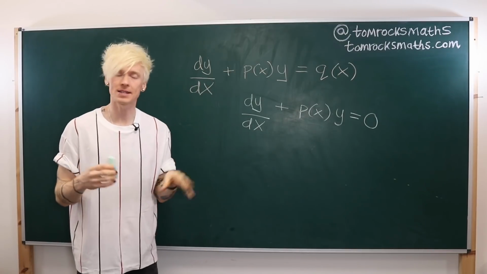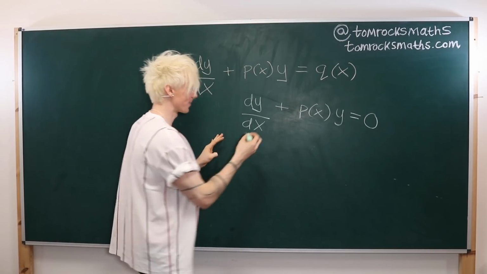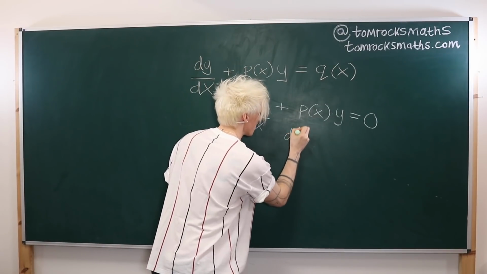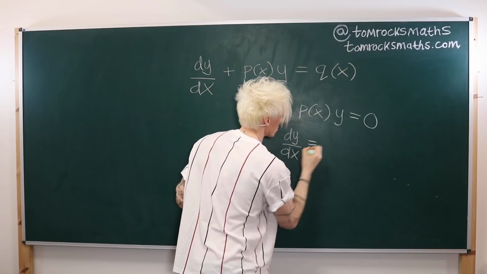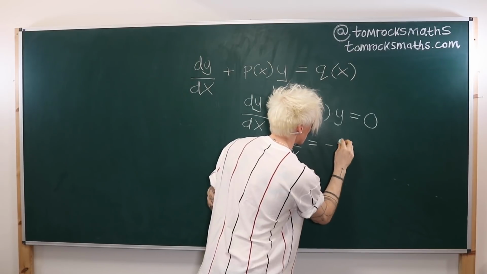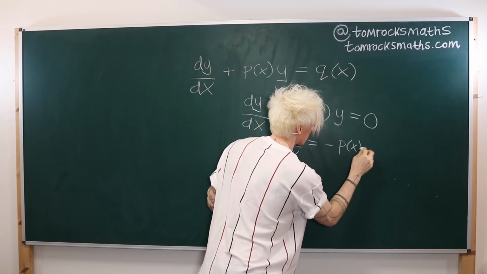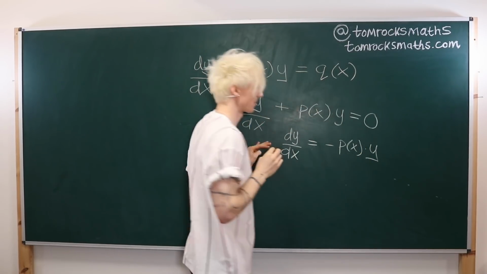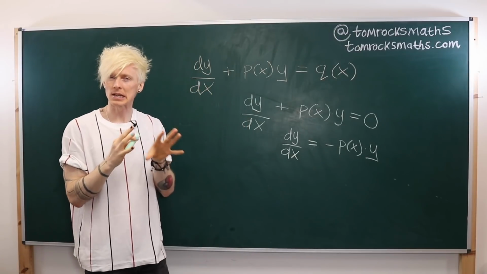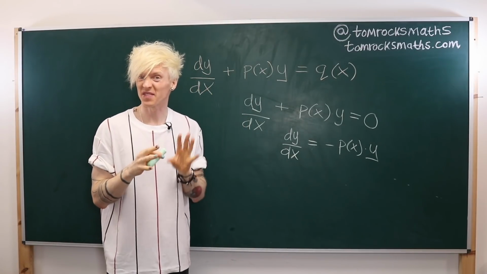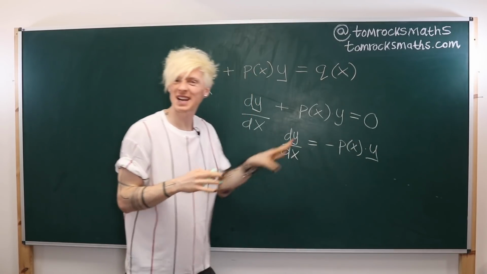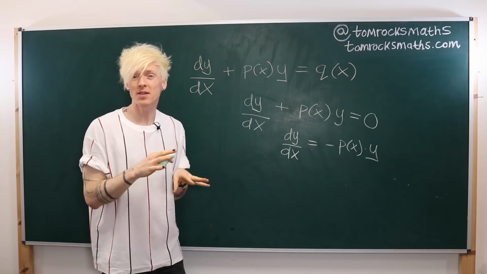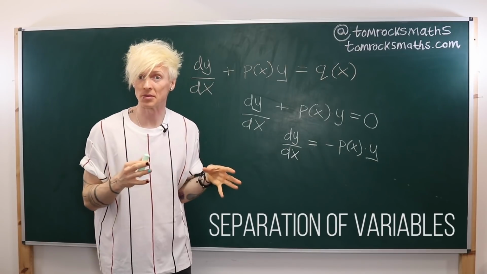If I rewrite this equation ever so slightly as dy by dx is equal to minus p of x times y, then this might start to look vaguely familiar for some of you. Because this equation we can now solve using the method of separation of variables.